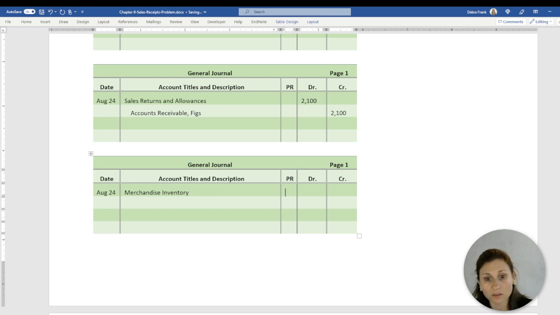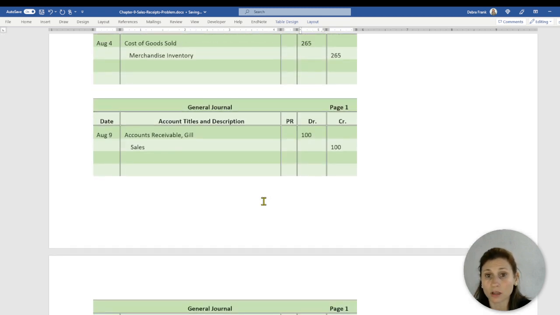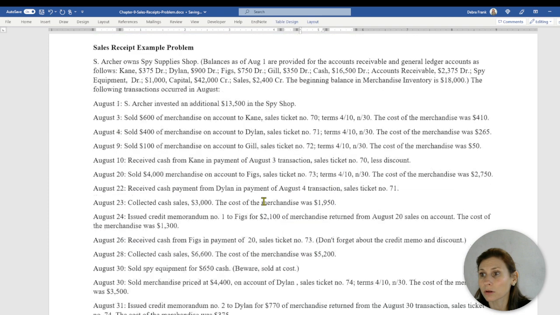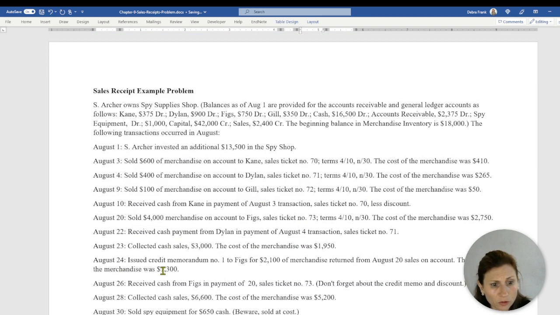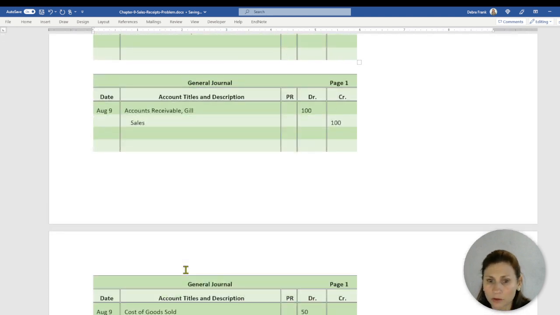That makes sense. And they told us in the problem up here that it was 1,300. Let's scroll all the way up there just to review. So we can see the merchandise was 1,300. Okay, so we're going to put that back on our shelves. So let's go ahead and reflect that in that other part of the entry.